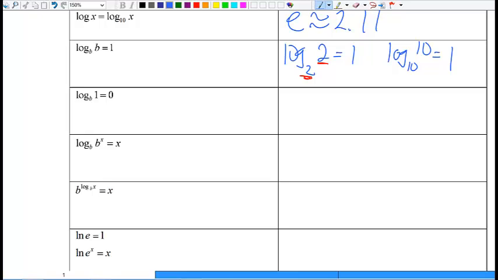Next log rule. If I'm looking at log of 1, so log base 2 of 1, 2 to what power would give me 1? That would be 0. So that's what that property is saying. The next two properties are nice in terms of simplifying things down.